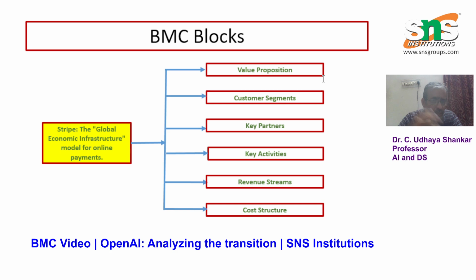Related to the customer segments, there are millions of small creators as well as Shopify, Substack, and in terms of enterprises, companies needing complex tax handling, etc. And related to the key activities: continuous API optimization, AI-driven fraud detection, and regulatory compliance and global licensing across 40-plus countries.